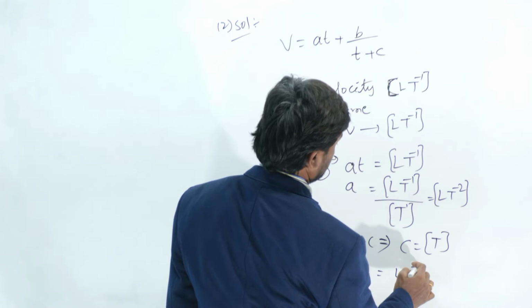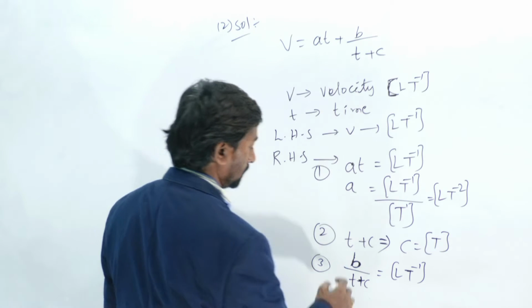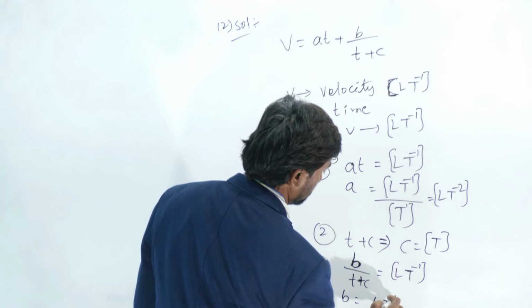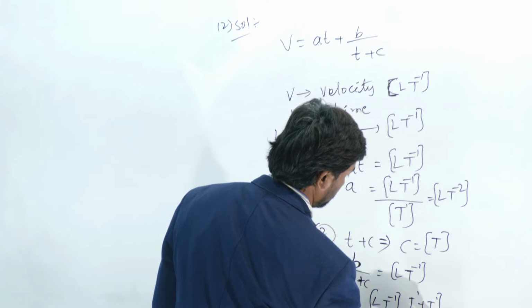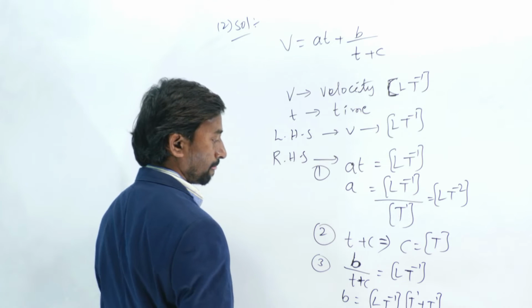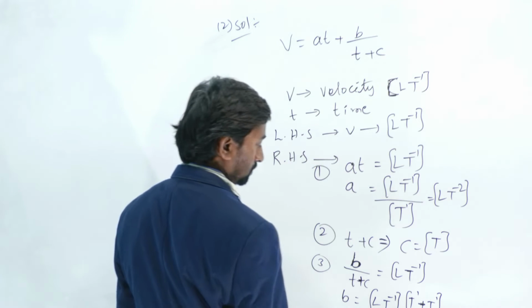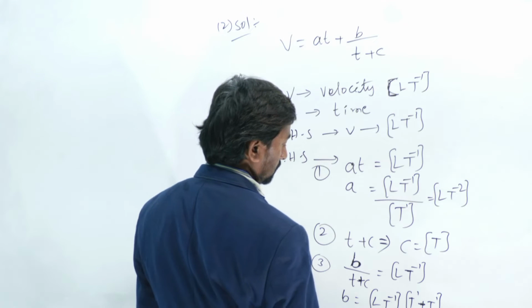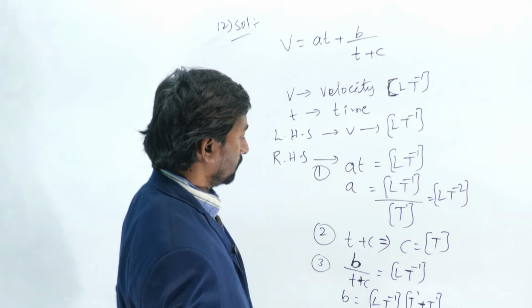So b equals L into T power minus 1 times (T power 1 plus T power 1), and the dimensional formula of the bracket will be T.